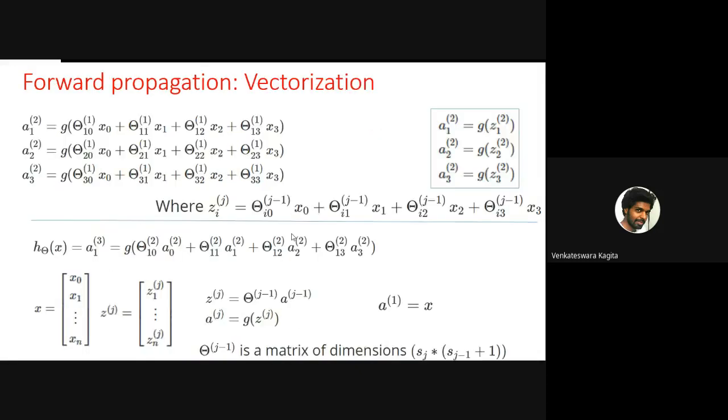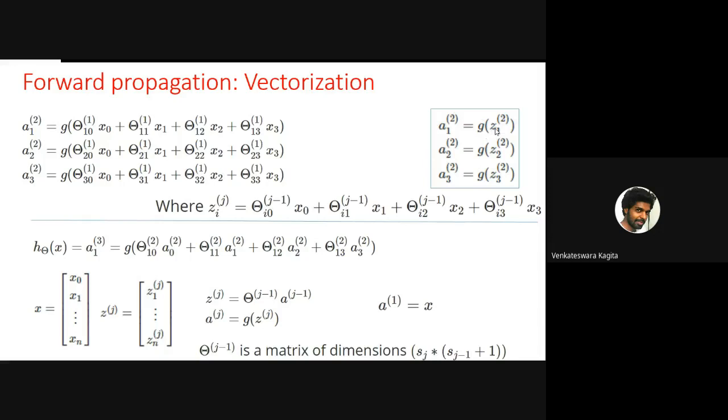This is forward propagation. If you want to do vectorization of this, we can compute A1 as g of theta transpose X with these theta values, and you can also compute A2 as g of that, and so on. Similarly, here you can see the vectorization, right?